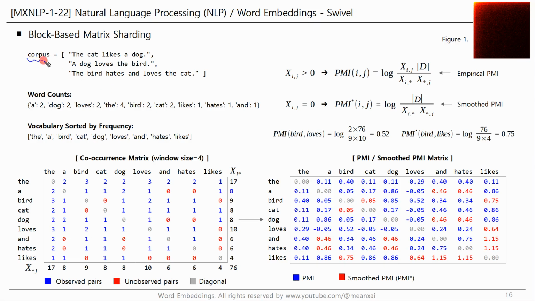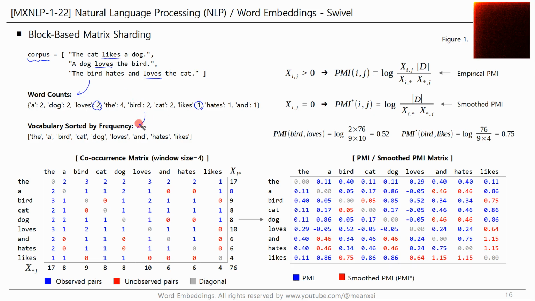Here we have a small corpus consisting of 3 sentences. First, we count how many times each word appears in the corpus. The word loves appears twice, while likes appears once.